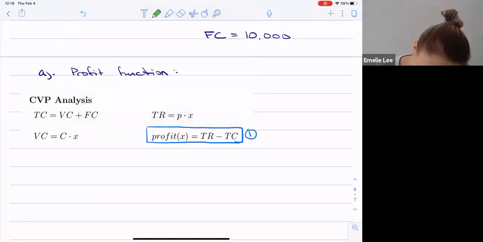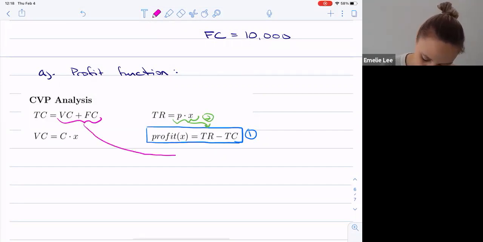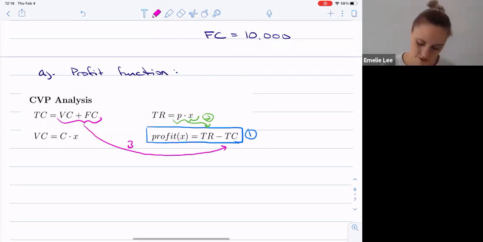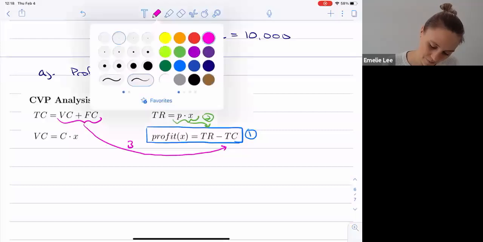And then what I'm going to do is I'm going to replace the total revenue with P times X. Okay. That'll be my second step. My third step is going to be to replace the total cost with the variable cost plus the fixed cost, remembering that you're subtracting all of that, right? So you do have to bring that negative inside. And then my fourth step is going to be to replace the variable cost with the specific variable cost.